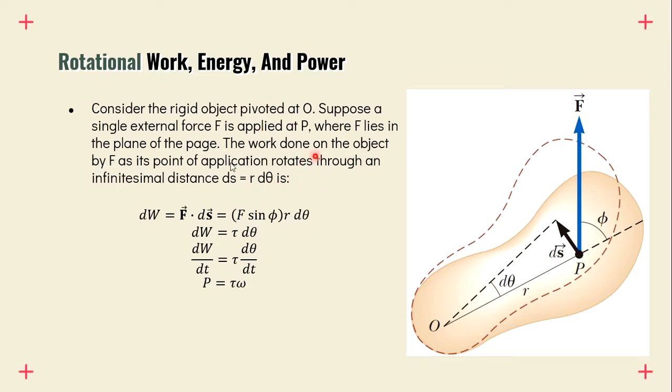So the work done on an object by F as its point of application moves through the distance ds approaches 0 is dW equal to F ds. Work is equal to force times distance, and our distance is ds. And remember that work is equal to F sine phi times r d theta.